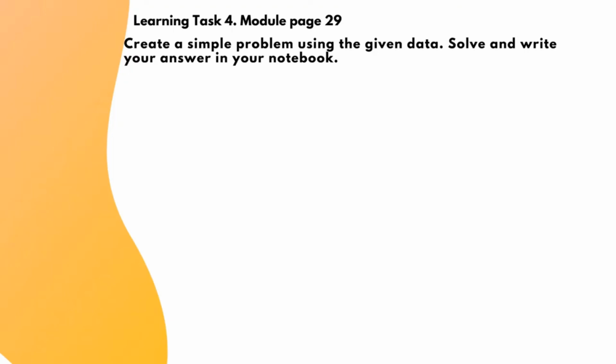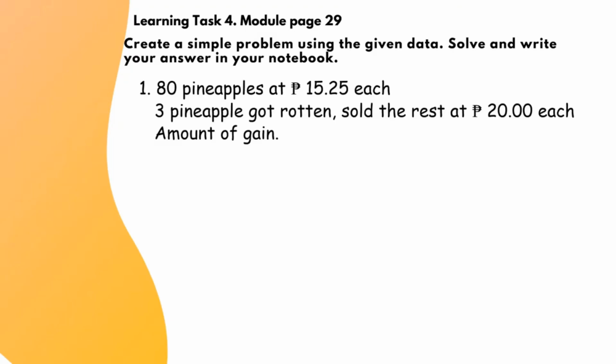After creating a simple problem, we are going to solve it and write the answers in our notebook or on a piece of paper. Here we have the given: 80 pineapples at 15 pesos and 25 centavos each, 3 pineapples got rotten, sold the rest at 20 pesos each, and the amount of gain. You can create your own word problem using the given data.